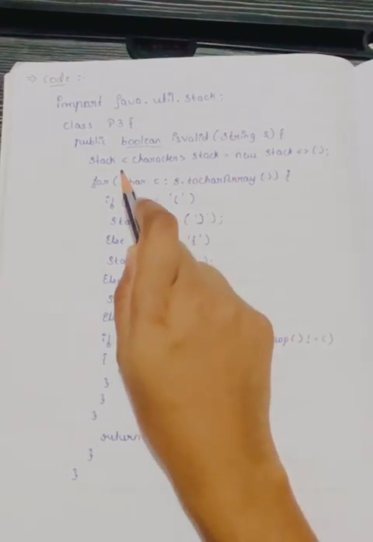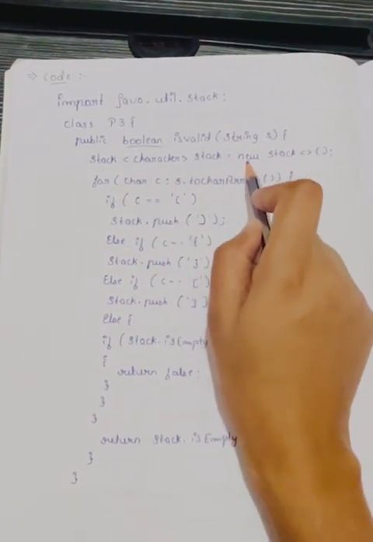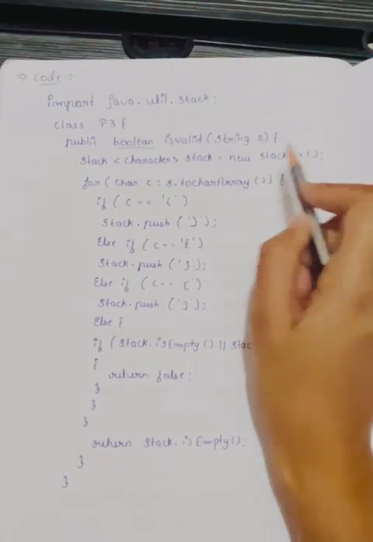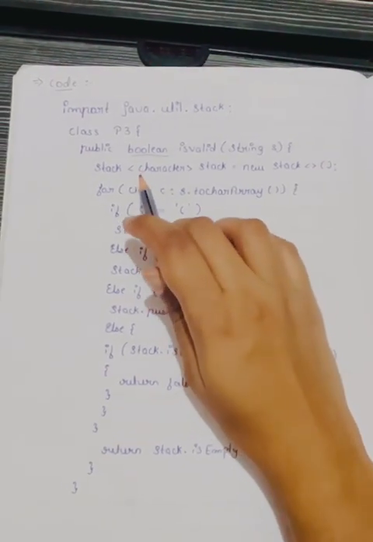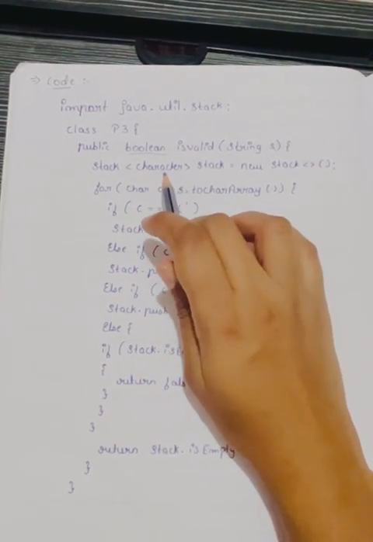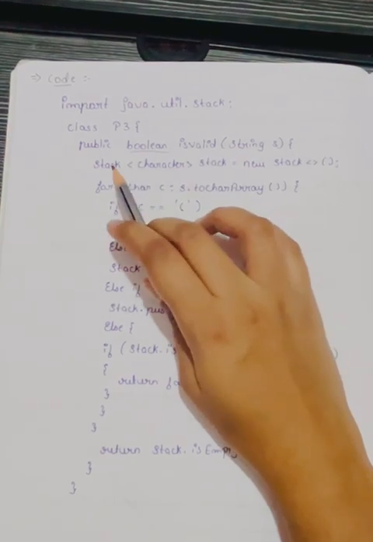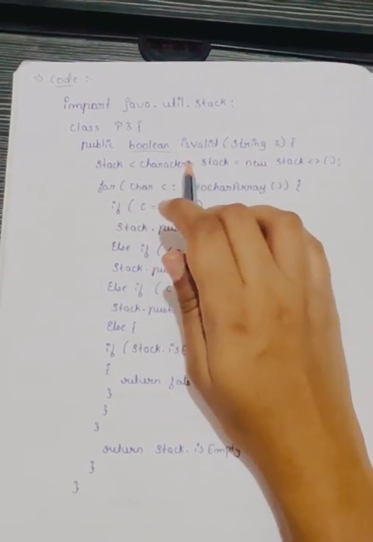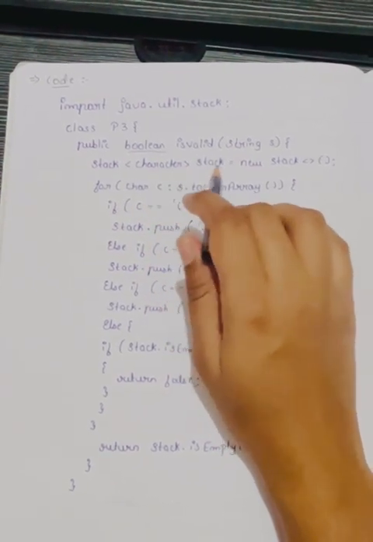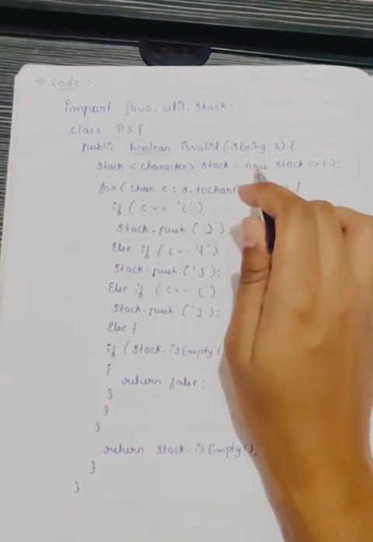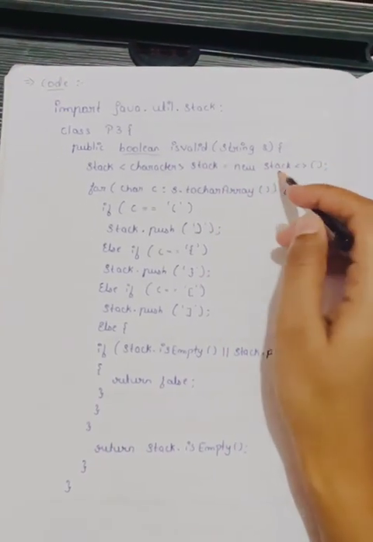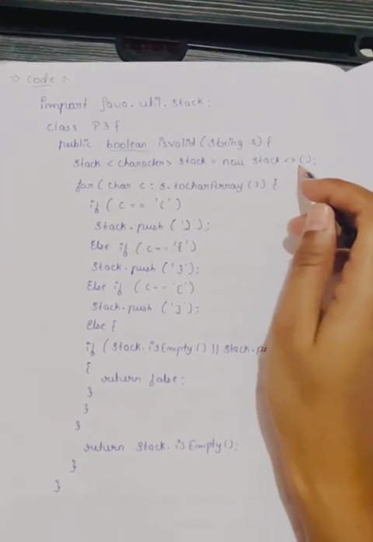Then Stack<Character> stack = new Stack<>(). Here the type in angle brackets represents what type of data I am storing inside the stack, that is Character. Then new is a keyword, followed by Stack.